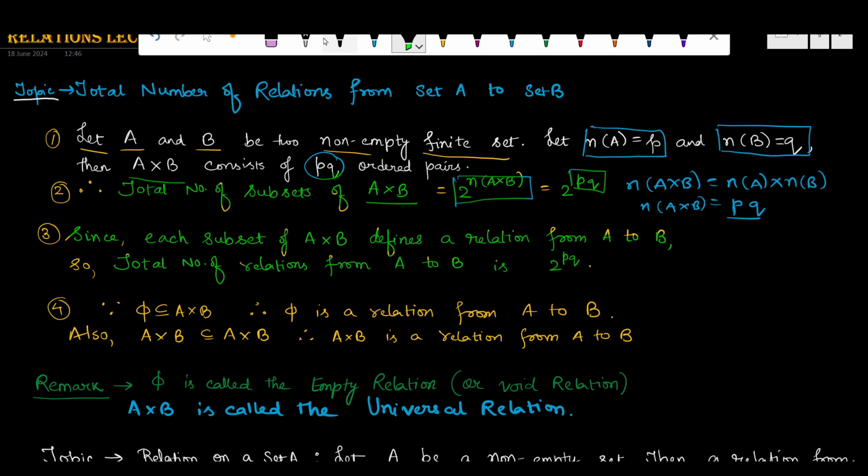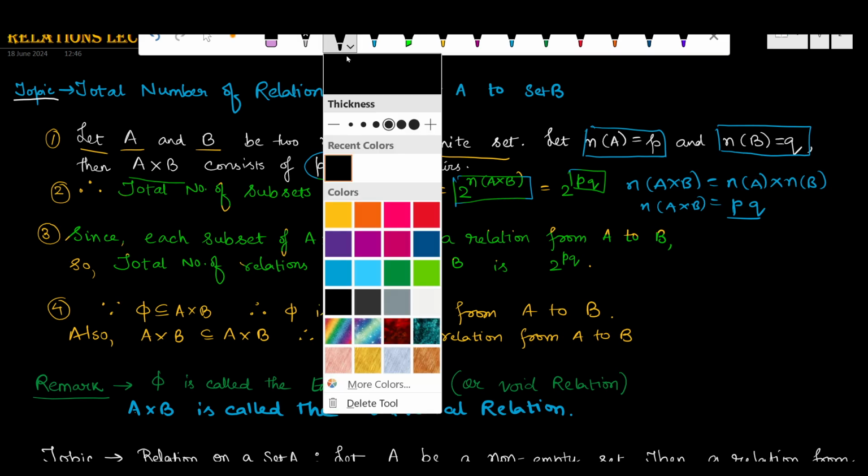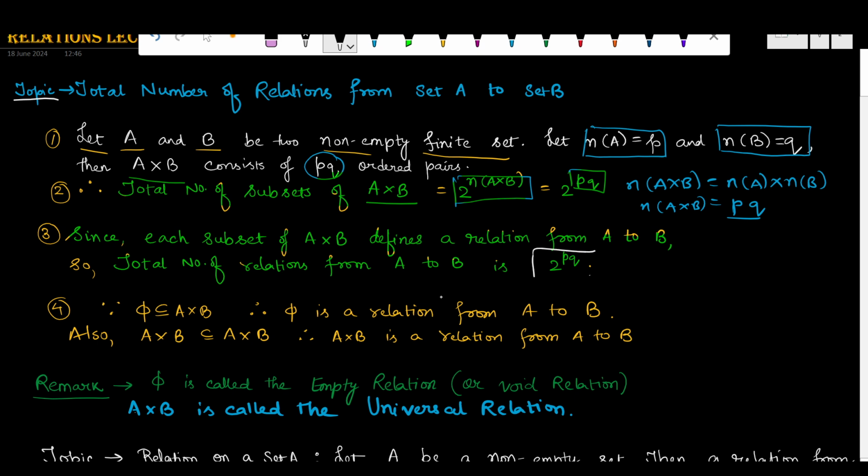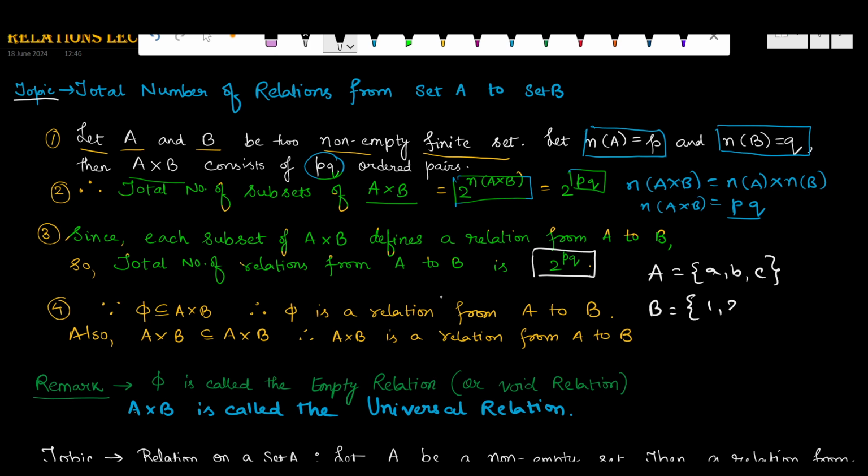This is very important, right? Suppose we have a set, say A, which contains a, b, c, and suppose we have another set B which contains two elements.